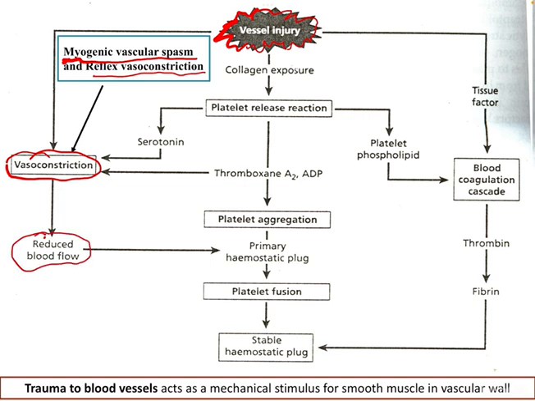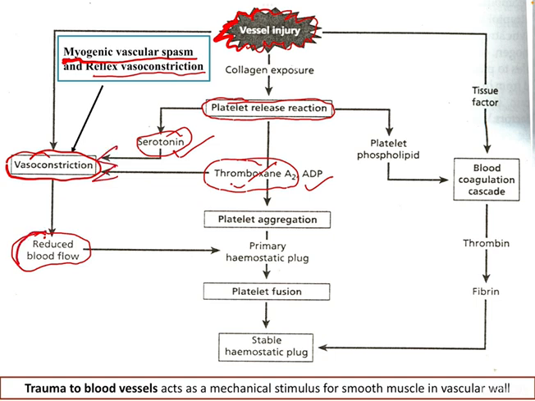With the collagen exposure, the platelet attaches to the collagen via von Willebrand factor, gets activated and undergoes the release reaction, releasing serotonin, thromboxane A2 and ADP. Thromboxane A2 and serotonin enhance the vasoconstriction, further reducing blood flow at the site of injury, while ADP helps in platelet aggregation and thus forms the platelet hemostatic plug, also known as the primary plug.